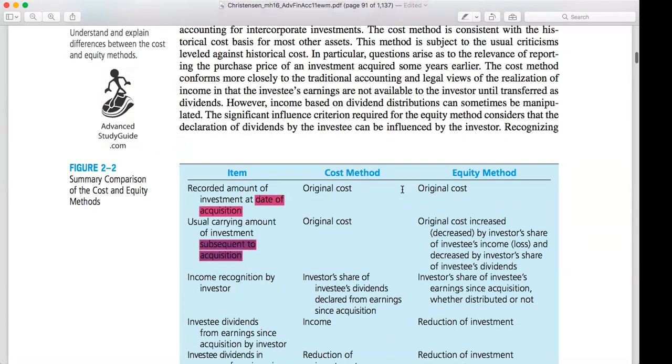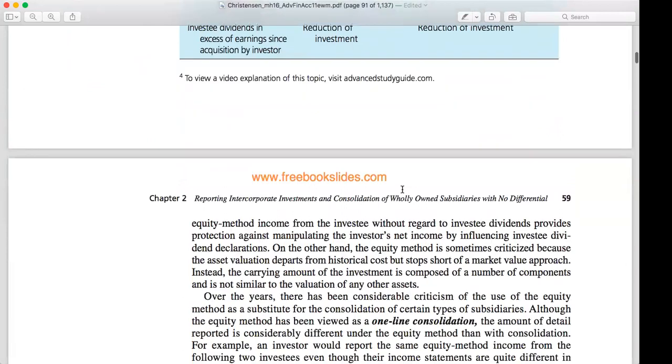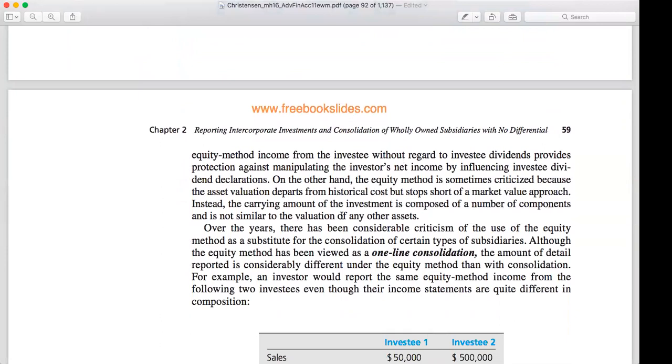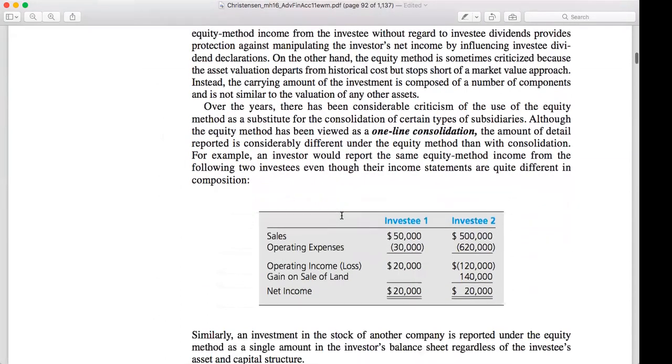And so this is the comparison, everyone. It means that the equity method has sometimes been criticized because the asset valuation moves from historical cost to a market value approach, right?